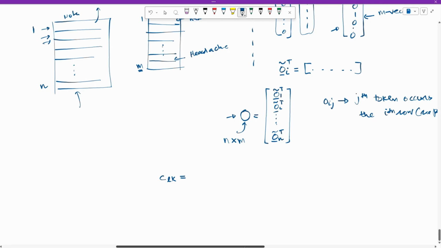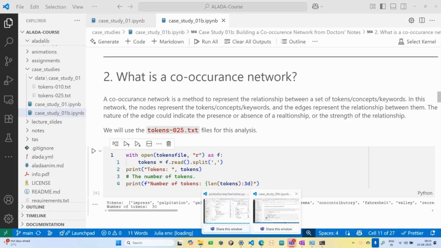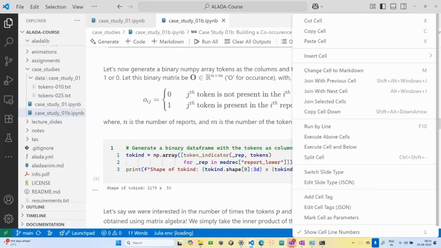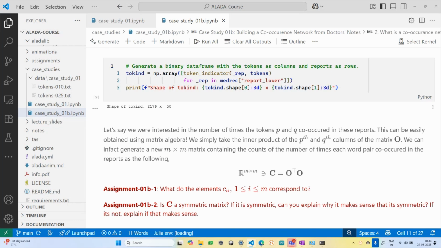The way you can obtain this is actually quite simple, and it turns out matrix multiplication is involved here. That co-occurrence you're looking for will not be a scalar. It's a scalar for a pair of tokens, but remember, you have 50 tokens, or m tokens.